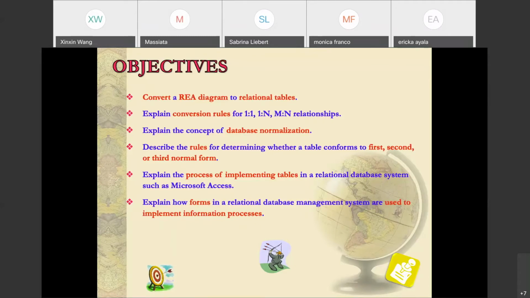And then we will explain the relational database, like in Access and using SQL, and we're gonna explain how to form a relational database, right? So how this is used to implement the information process. So this is a very high volume kind of class that we're gonna have for this semester.